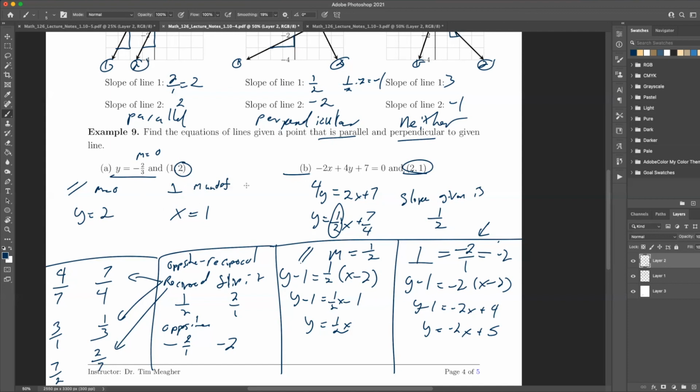And then the perpendicular line would be the vertical line that goes through that point. That means x equals 1. Now, if this was a vertical line, the parallel would be the vertical line, and the perpendicular would be the horizontal line. Okay.